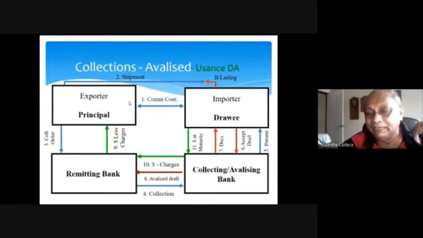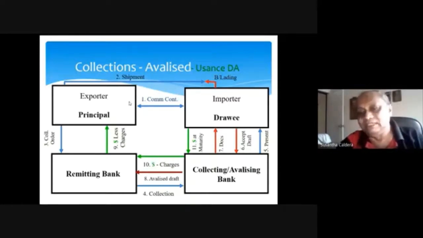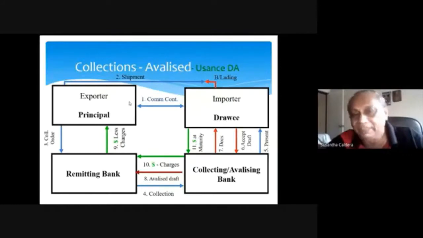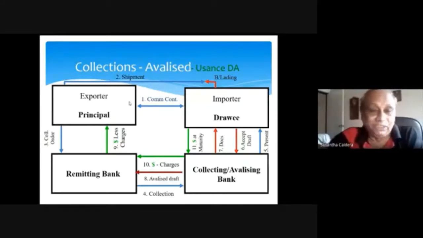We will deduct our charges and remit the money to the remitting bank. The remitting bank has already given the money to the exporter two months back. But if there's a shortfall, they will give that. Is it clear?